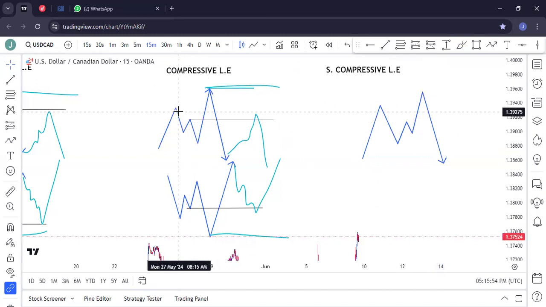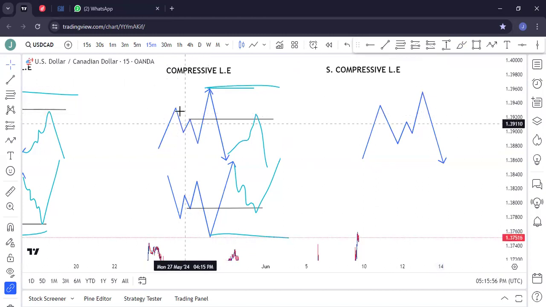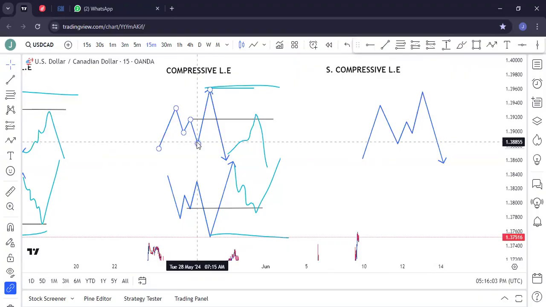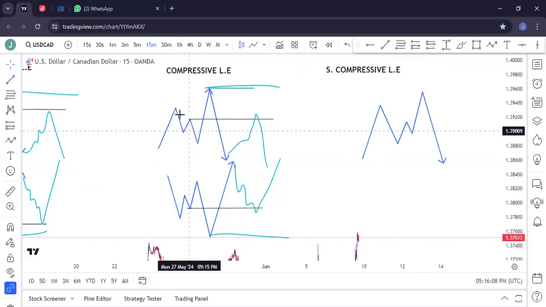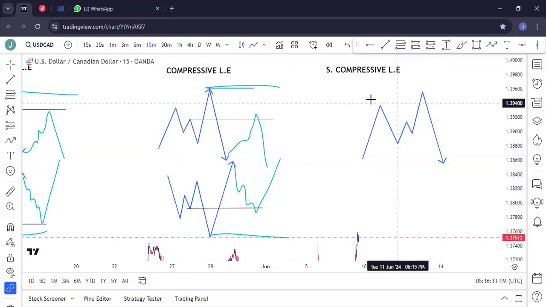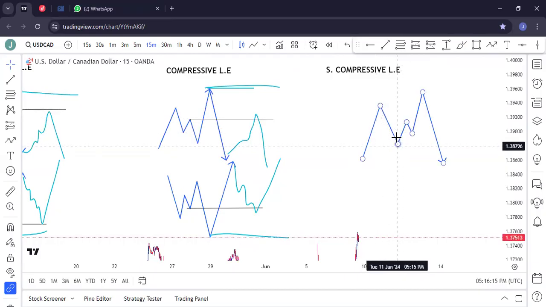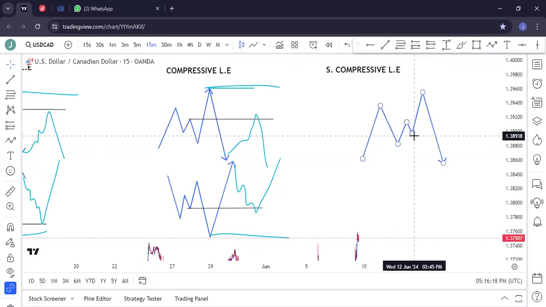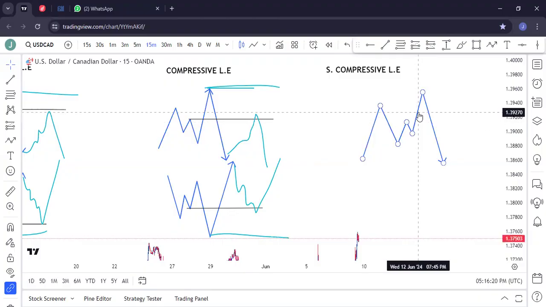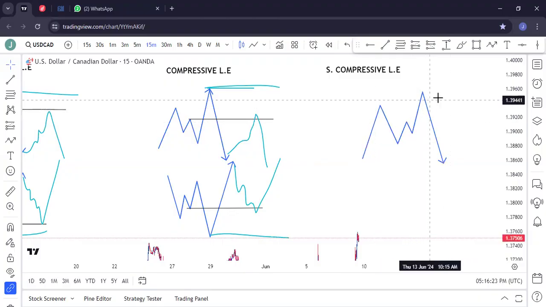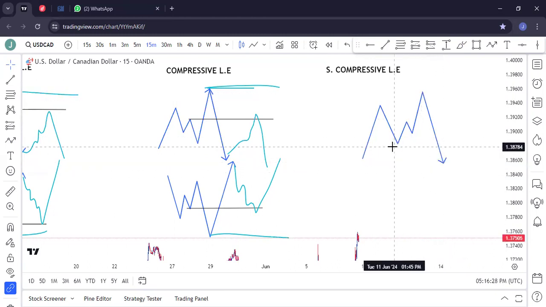In the compressive type, the small trend is created before the low. Before this low, the market creates a trend. But in this simple compressive, after the low is created, the market creates another trend before breaking the structure. Then the market changes the character here.